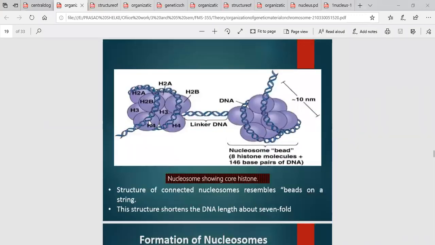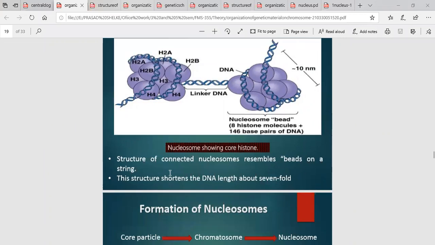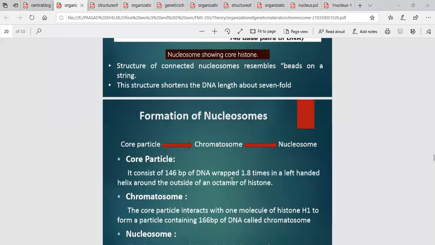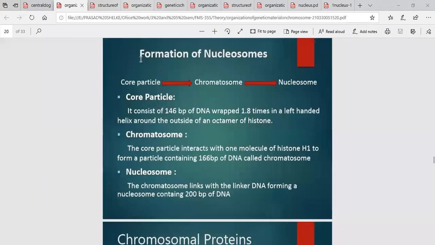After the nucleosome, the nucleosomes also get compounded to form a higher structure. This formation of the nucleosome goes from the core particle to the chromatosome to the nucleosome. The core particle is 146 base pairs of DNA.